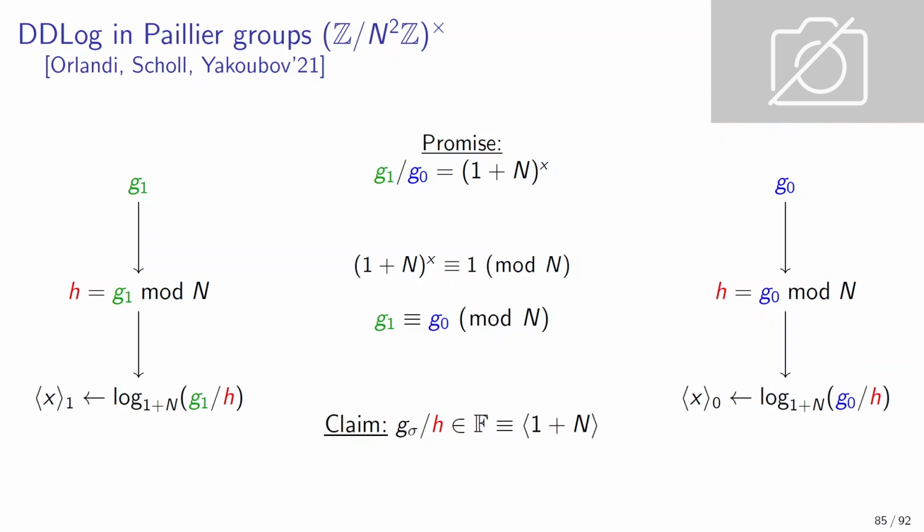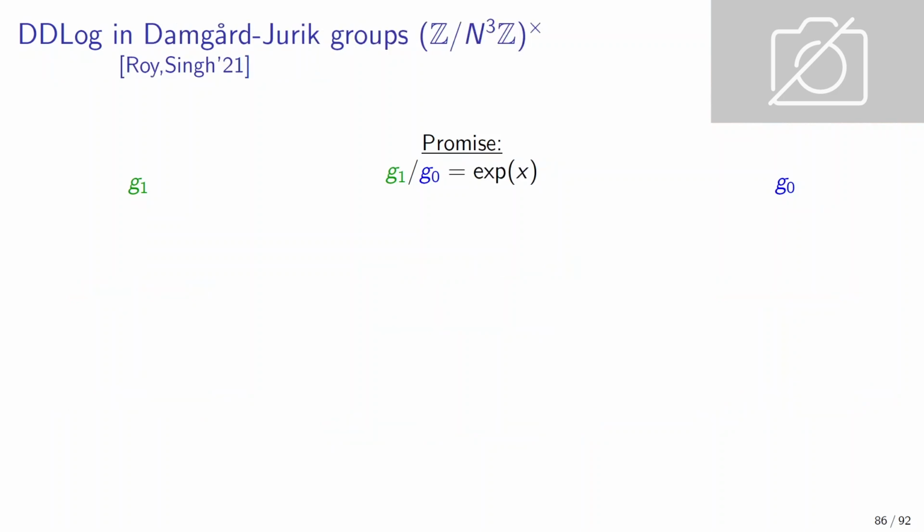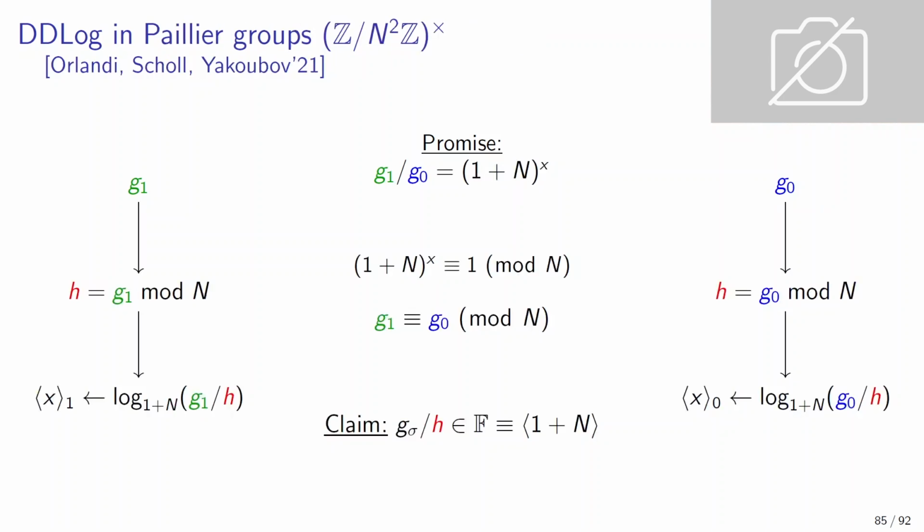And from there, once you have that, you can just apply the discrete log and recover the exponent. Sorry, I'm not going to go into the details of why that is. If you write it down, I would just recommend looking at the paper, but there's a few lines that explain why you're falling into this group.